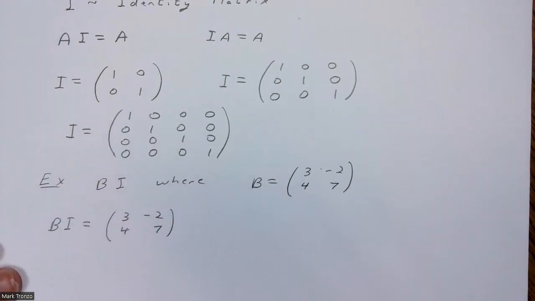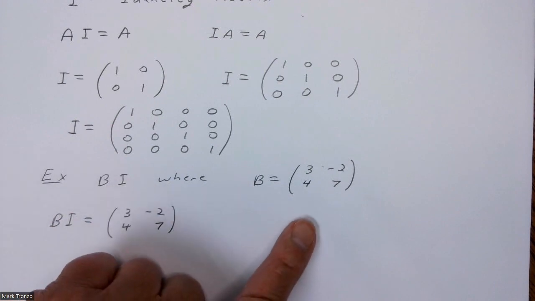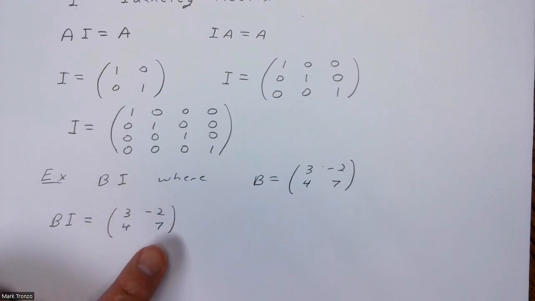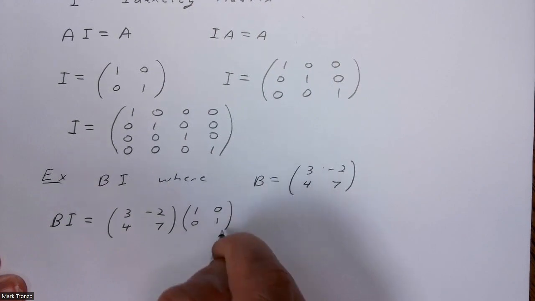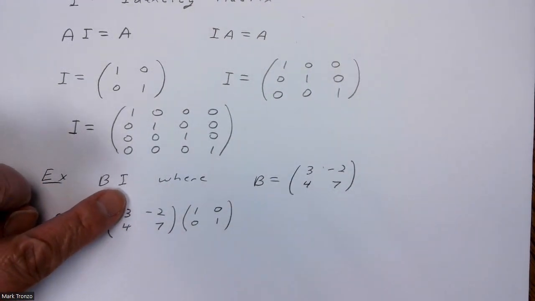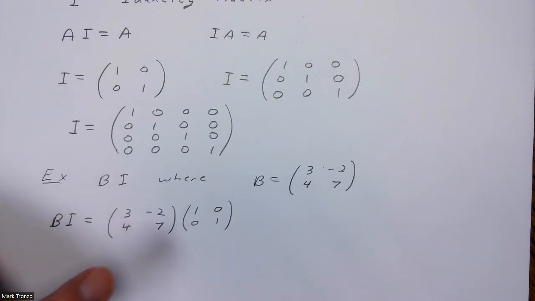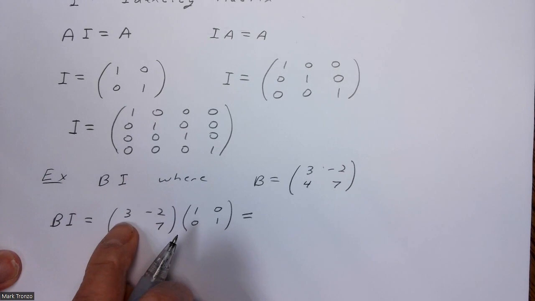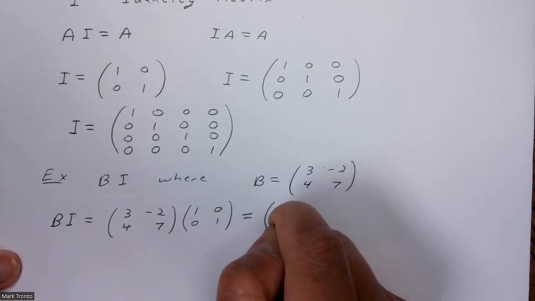Whenever you see B times I like this, it doesn't tell you the size of the identity I, but we'll know from the context. In this case, since we have a 2x2, this I is going to be a 2x2. You kind of just know it. Whenever you see this notation, I has to be of the size that we can multiply. So let's go ahead and multiply this row times this column.